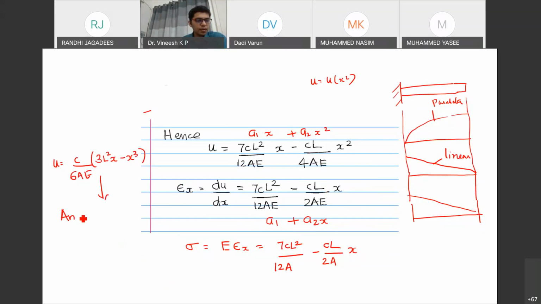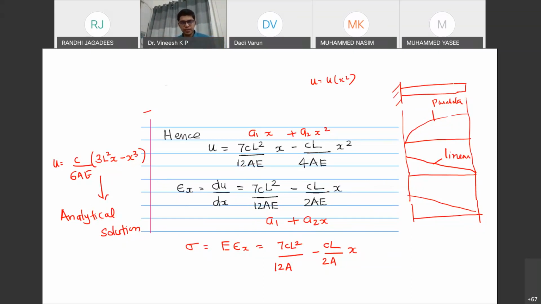So if you look at it, you have a cubic variation. Basically, the displacement has a variation in terms of x cube. But since we assumed the displacement in x square, we got a displacement which has a parabolic variation.